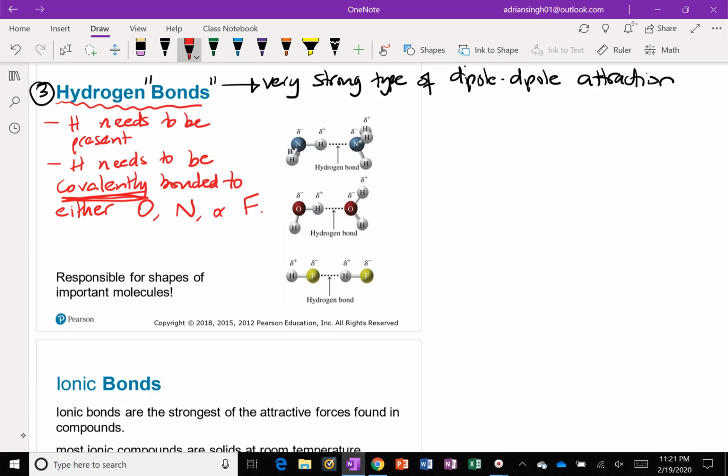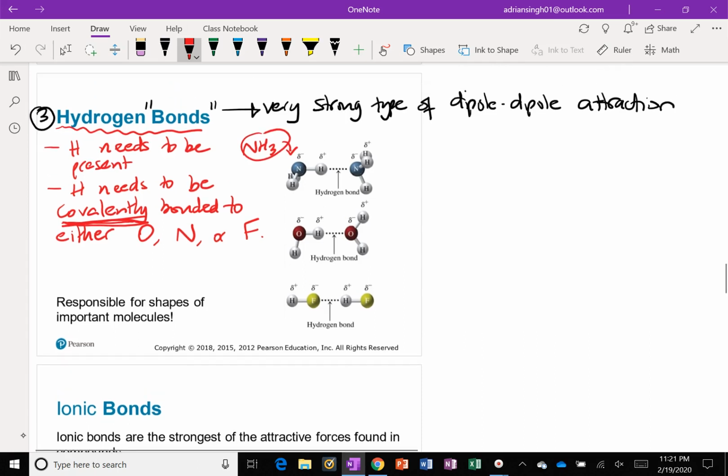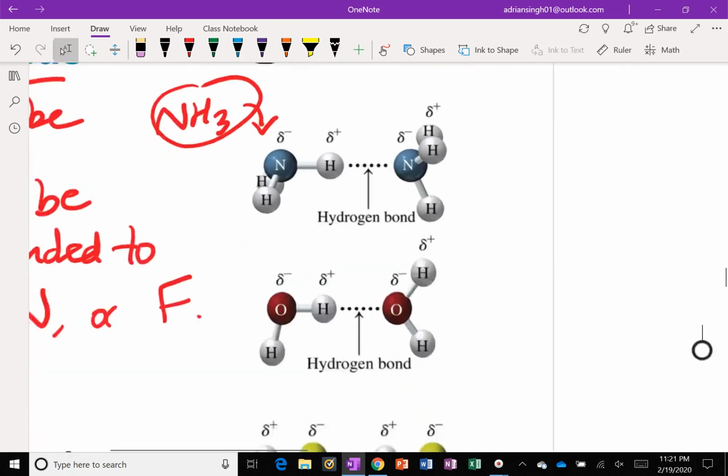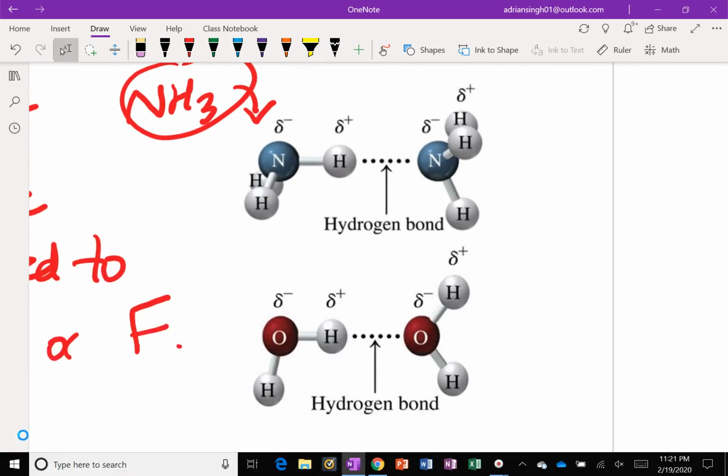For example, if you look at ammonia, NH3, we know that NH3 has this shape now. It looks like it is trigonal pyramidal. Then we have the hydrogen present, and it's covalently linked to a nitrogen. So we do have a big electronegativity difference between these two. The H is going to have a slight positive charge, and the N is going to have a slight negative charge.